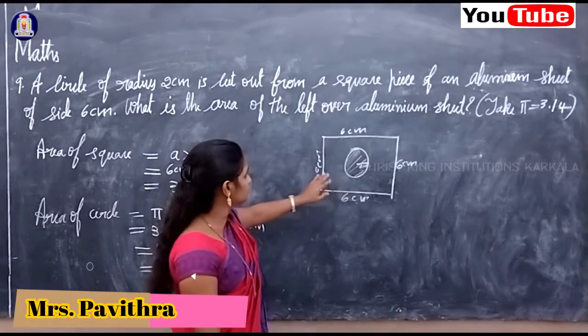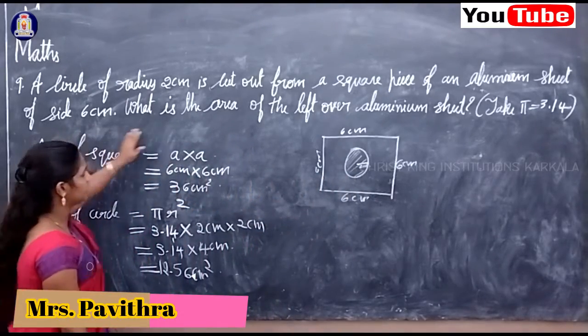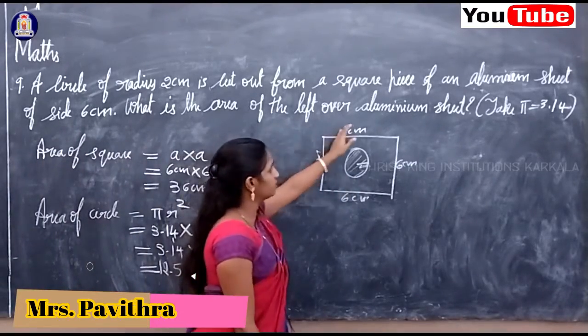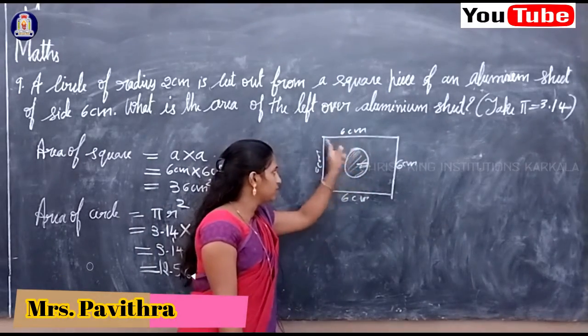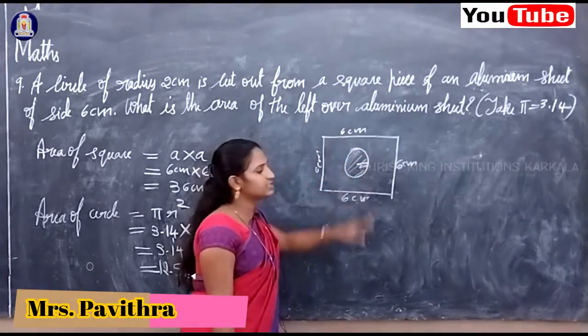So now the question is, what is the remaining area left over of the aluminium sheet? If we remove this much area, circle shape, from a square, what area is remaining?